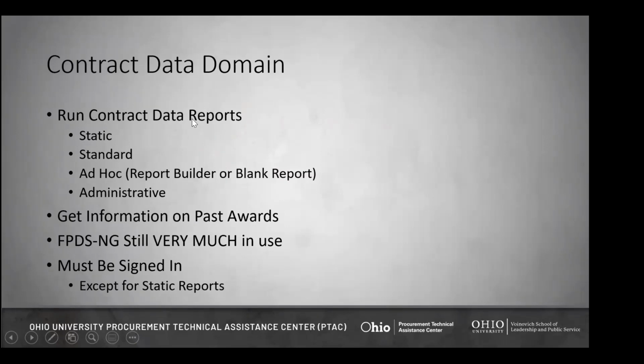The contract data domain is interesting. It's a halfway pull from FPDS, which is your Federal Procurement Data System. Now, FPDS is still very much in use. That is the authoritative source for past contracts. So when I'm looking at my market research, I want to find out who's buying what I'm selling.